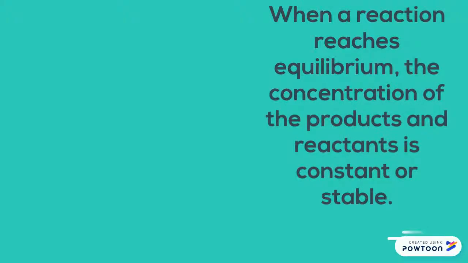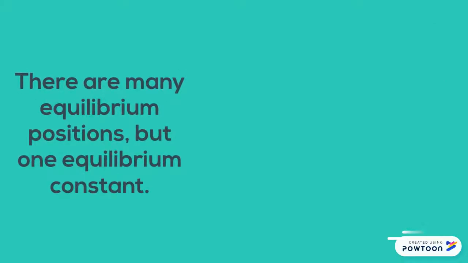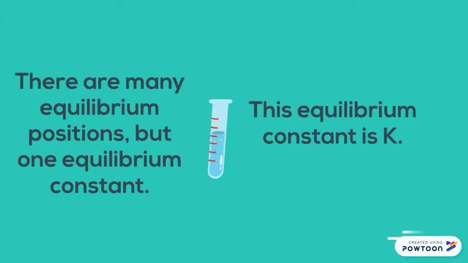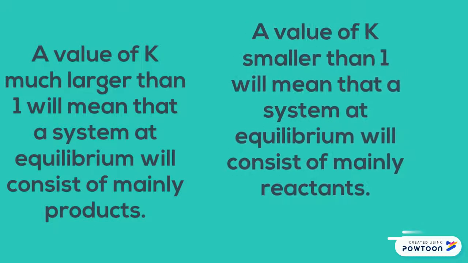Also, when a reaction reaches chemical equilibrium and the rate of the forward reaction is equal to the rate of the reverse reaction, the concentrations of the products and the reactants are going to remain constant. And there are many equilibrium positions, but only one equilibrium constant, and this equilibrium constant is K. When K is larger than 1, this means that a system at equilibrium will consist of mainly products, whereas when K is smaller than 1, this means that a system at equilibrium will consist of mainly reactants.